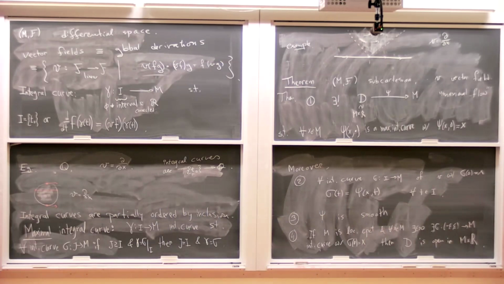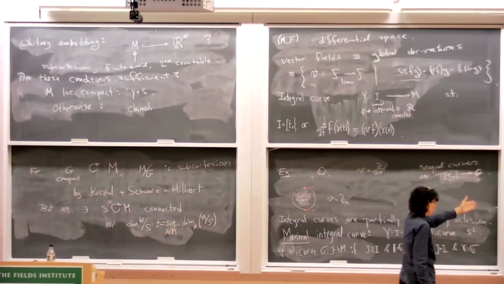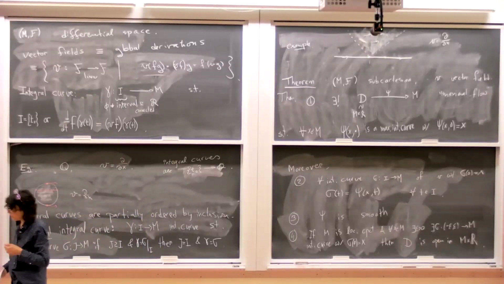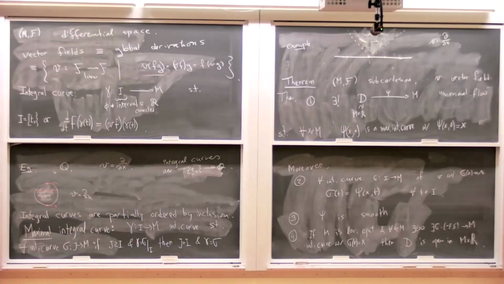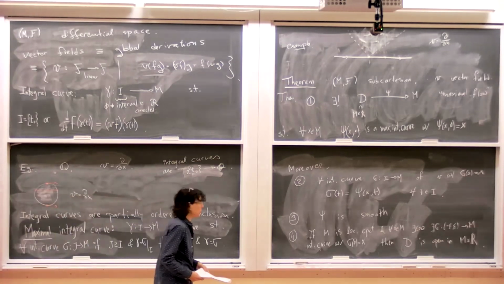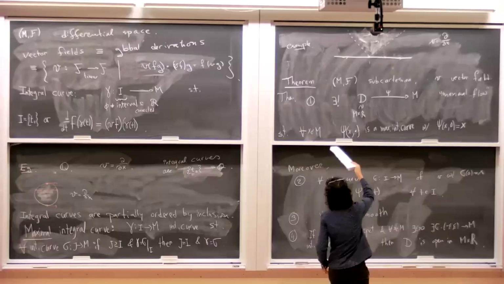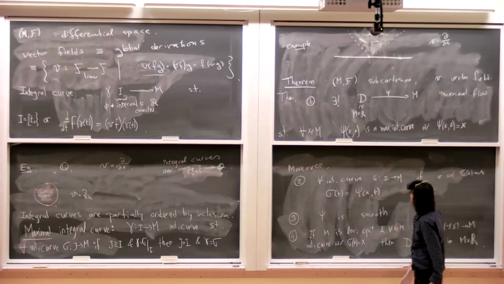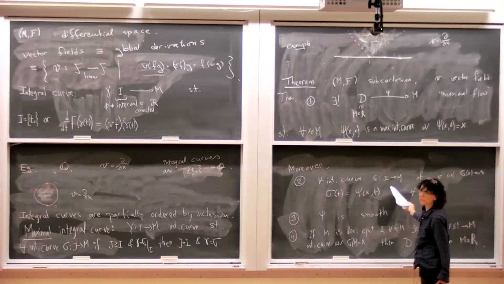Maybe I'll just take one more minute to tell you what I was planning to do, which I'm not doing. One of them: I wanted to give you a sketch of the proof. As you can imagine, the main ingredient, just as you do for manifolds, is the classical theory of ODEs. The uniqueness of ODE solutions in Rn guarantees number one. The uniqueness of ODE solutions in Rn also guarantees number two.